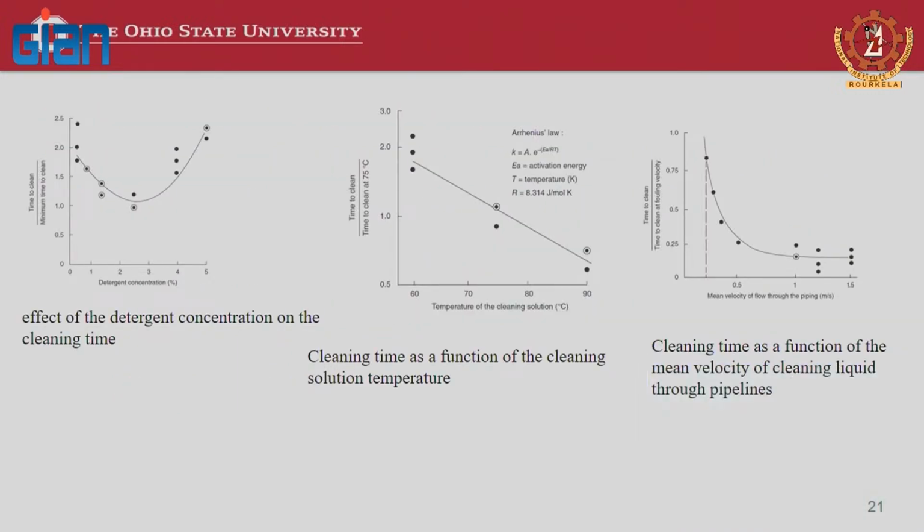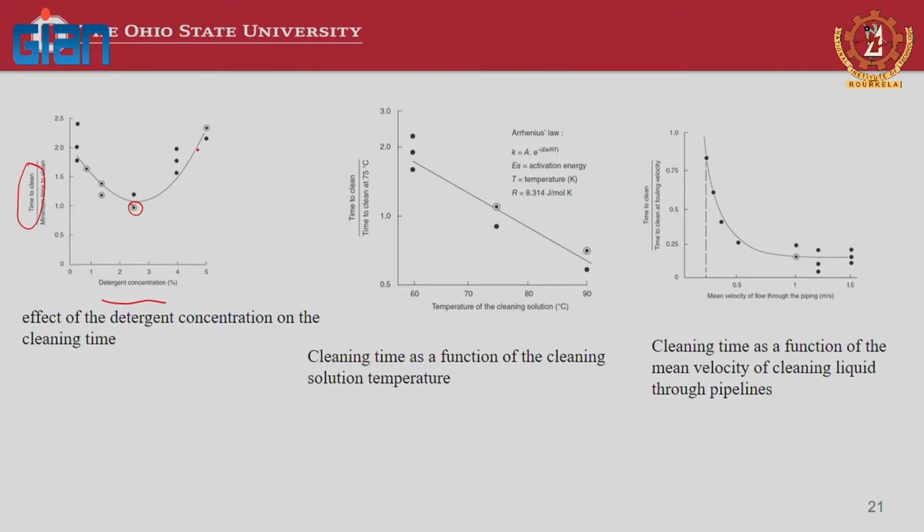Here we try to highlight how appropriate levels of these detergents are needed. When you look at detergent concentration, you can see the axis here is time to clean, and there is a particular concentration that keeps the time to clean at a minimum. If you increase the concentration further, it probably becomes less effective.